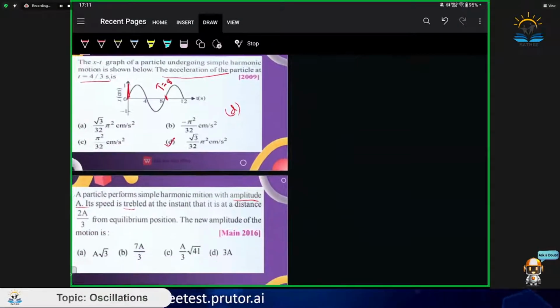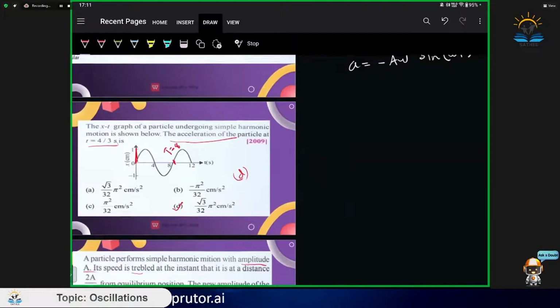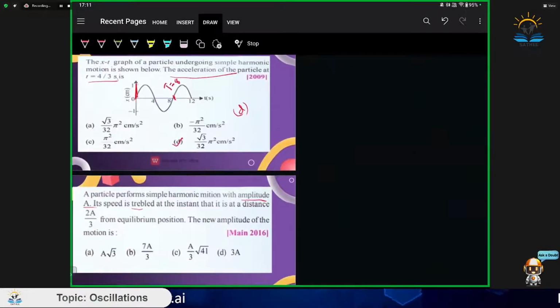Let me picturize first what is given in the question. The scenario is like this. This is the mean position. This is the amplitude, plus a, minus a.